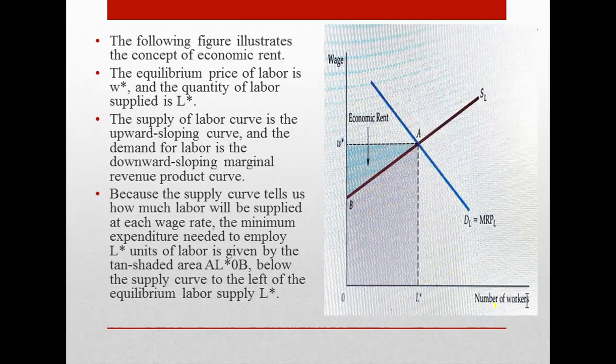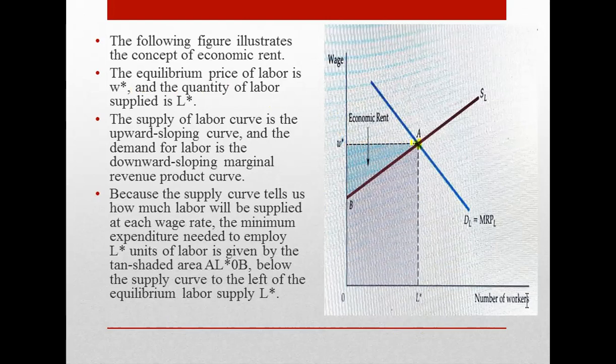On the horizontal axis we show the number of workers, and on the vertical axis we show the wage. This is the supply curve of labor, SL, and this is the demand curve of labor, which is the same as the marginal revenue product curve of labor. So A is the point of equilibrium.